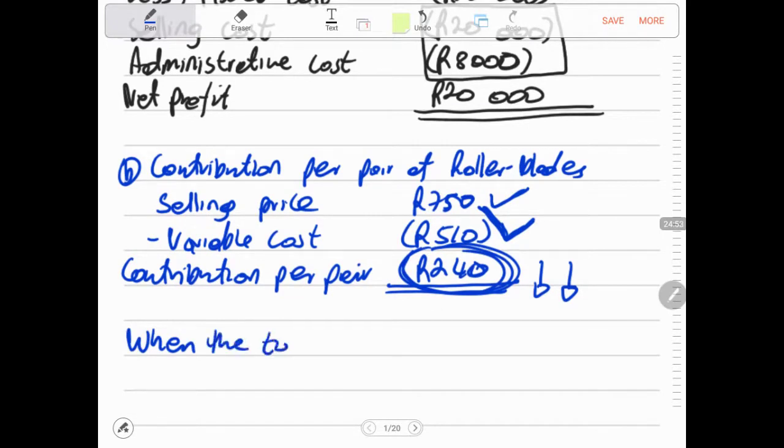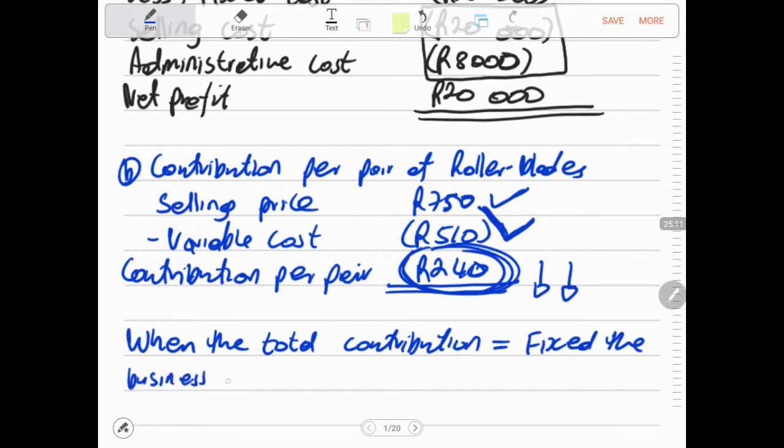When the total contribution equals fixed cost, the business is at break-even. When the total contribution equals fixed cost, the business is at break-even point.